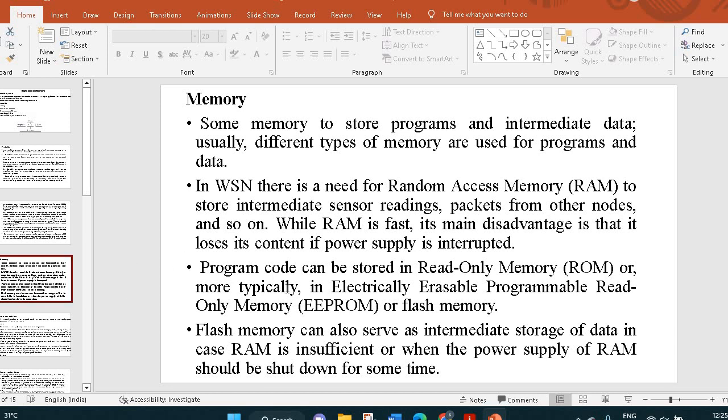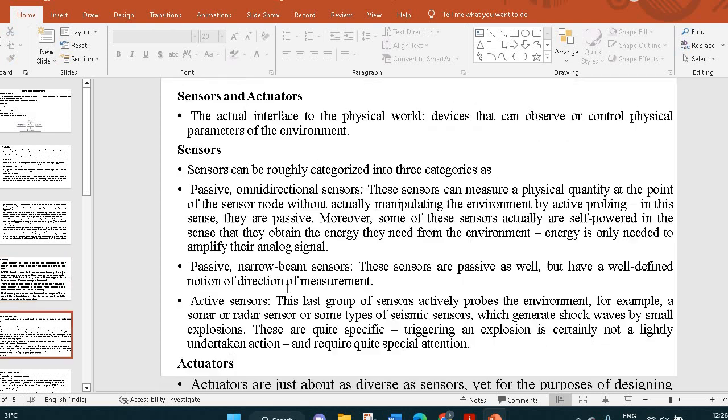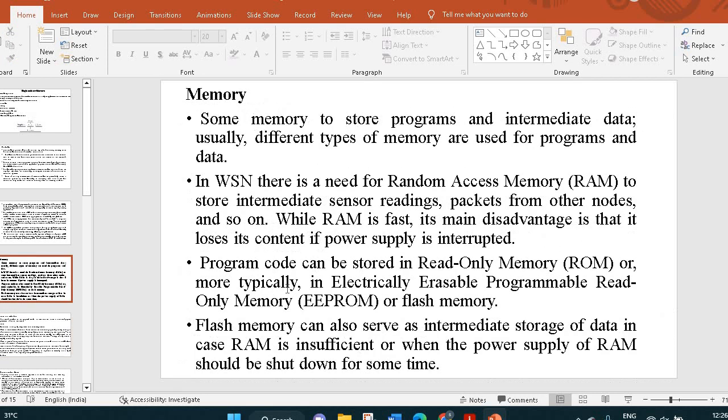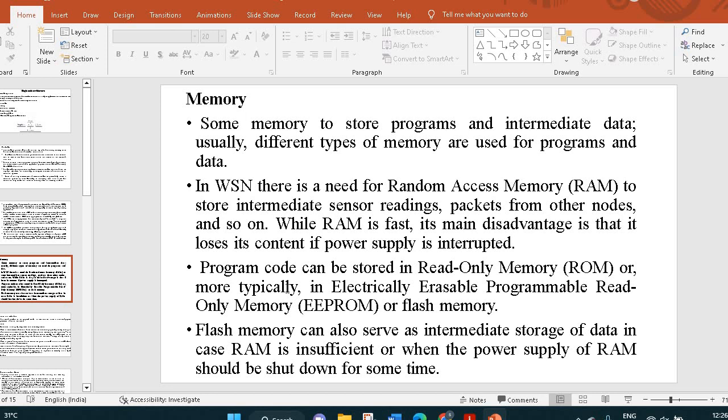Program code can be stored in read-only memory or more typically in electrically erasable programmable read-only memory or flash memory. Flash memory can also serve as intermediate storage of data in case RAM is insufficient or when the power supply of RAM should be shut down for some time.